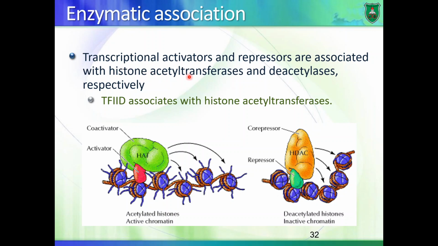So activators would have acetyltransferase activities. So what they do is that they acetylate histones, weakening the interaction between histones and DNA, and repressors have deacetylase activities, meaning that they remove the acetyl group, converting DNA into a heterochromatin structure.